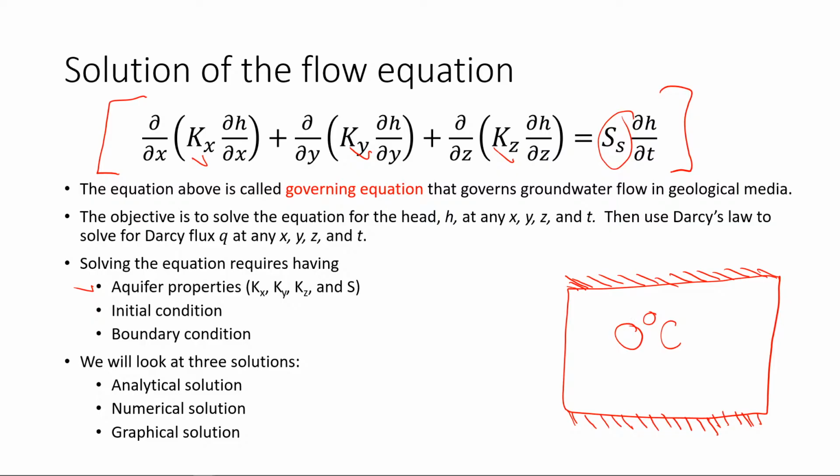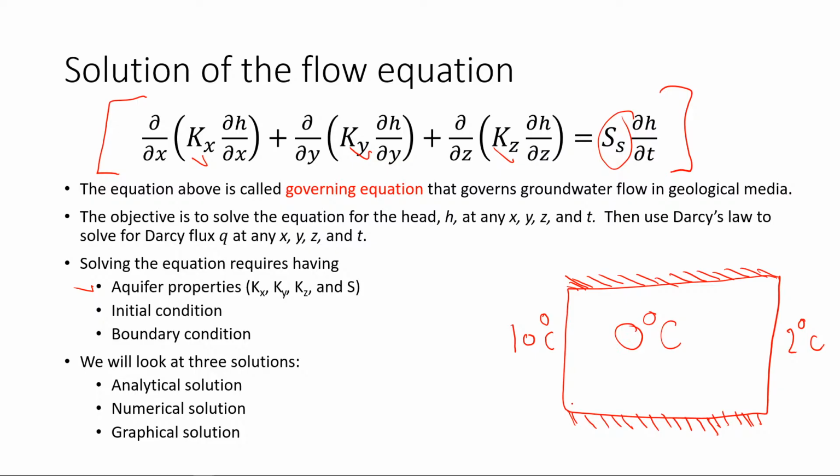Then I define the boundary conditions. I will apply a constant heat source, and the temperature at this boundary would be 10 degrees Celsius. And the temperature at this boundary will be 2 degrees Celsius. So what will happen? With time, this will no longer be zero.